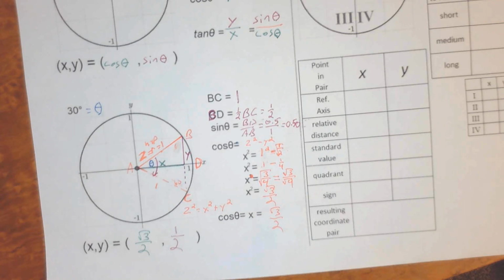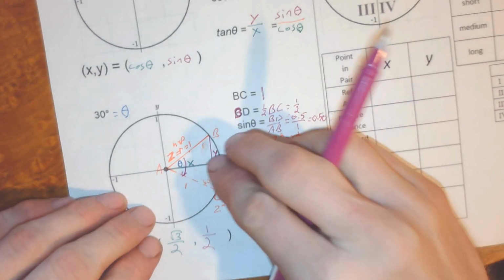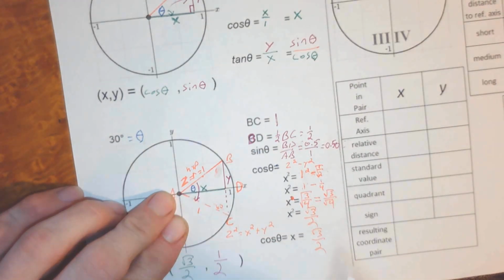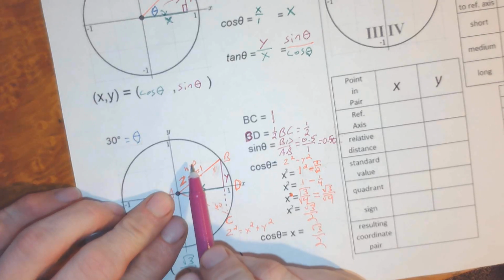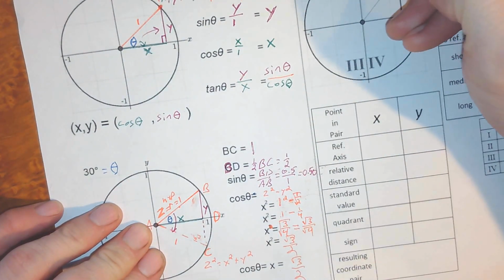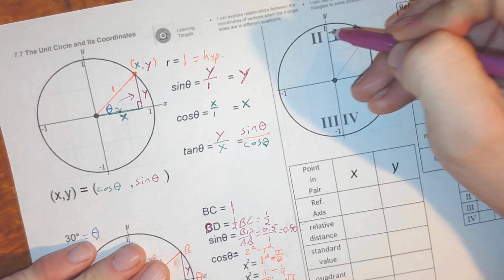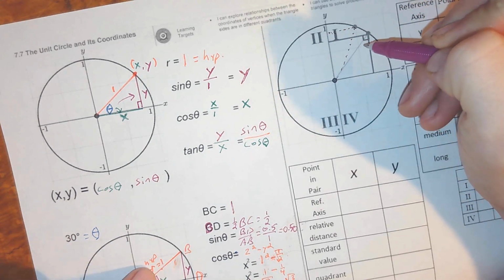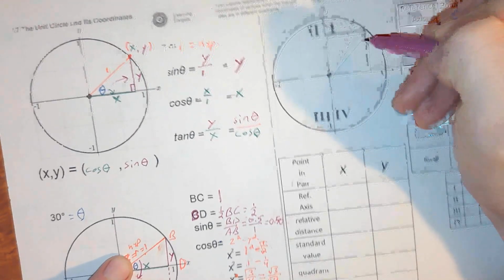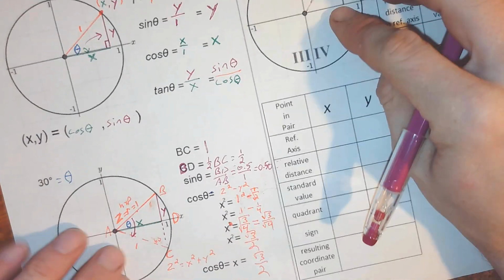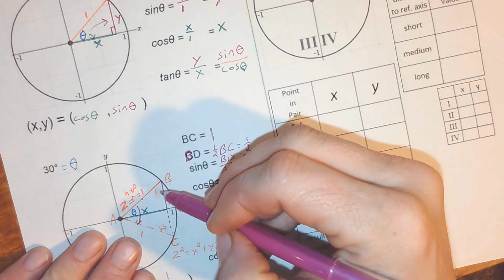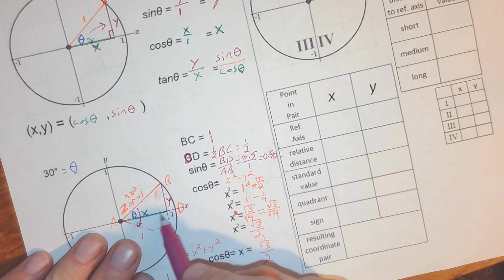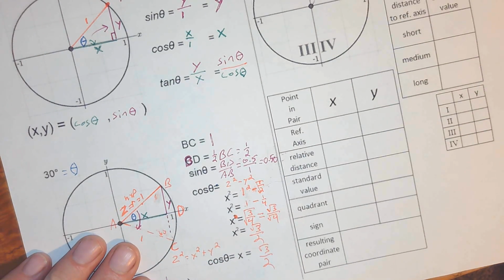For a 30, 60, 90 triangle, if I were to take this triangle and flip it and push it up this way, it's like this triangle, but flipped and put down. I have a short side and a long side of a 30, 60, 90 triangle.